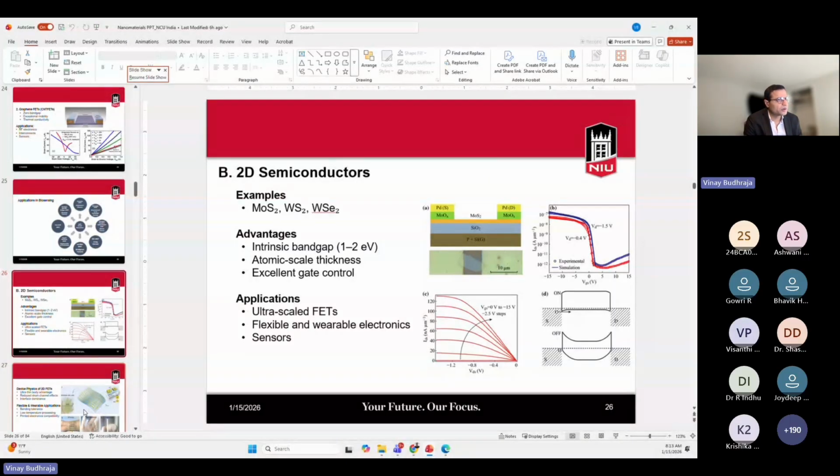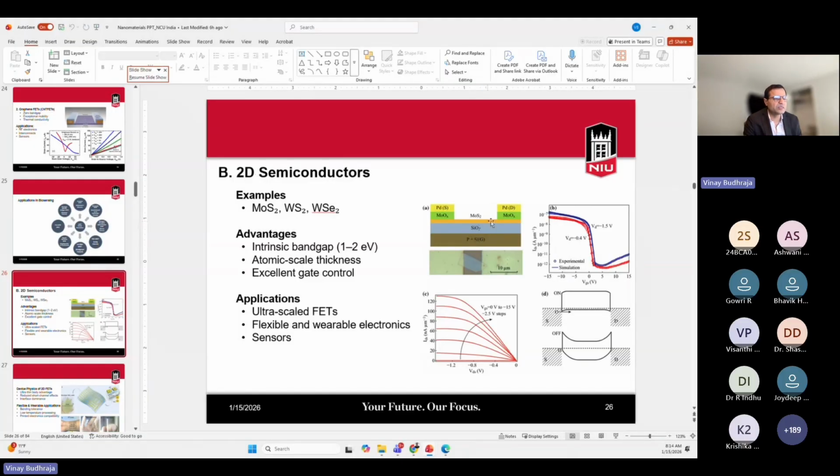Next category of the nanomaterial platforms is 2D semiconductors. The possible materials are MoS2, WS2, WSe2, like molybdenum and tungsten based devices. So they show 2D semiconducting properties, meaning in different dimensions, it has different carrier transport and charge concentration.